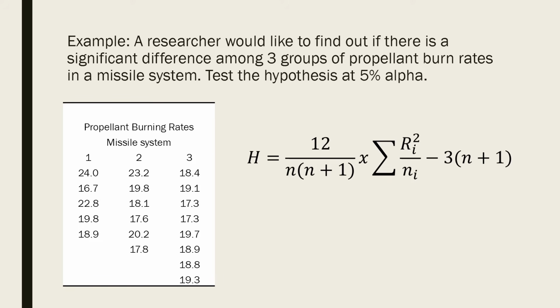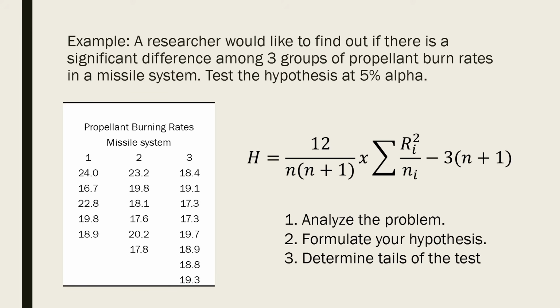Okay, so a researcher would like to find out if there is a significant difference among 3 groups of propellant burn rates in a missile system. So we have to test this hypothesis at 5% alpha. Now, of course, we have to apply the steps in statistical hypothesis testing. So first, we have to analyze the problem and identify all the information that is relevant to our testing.